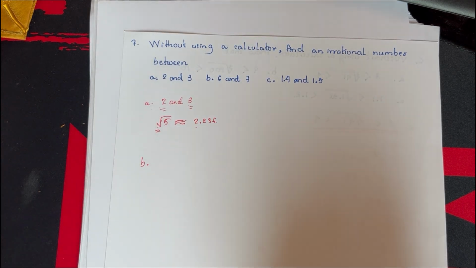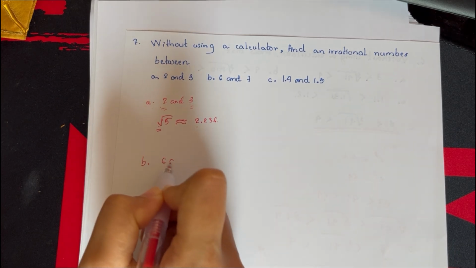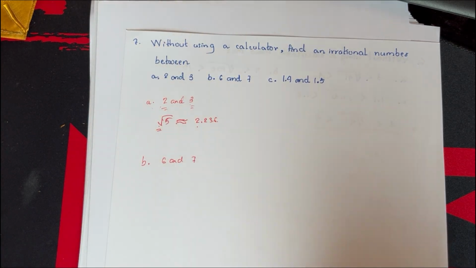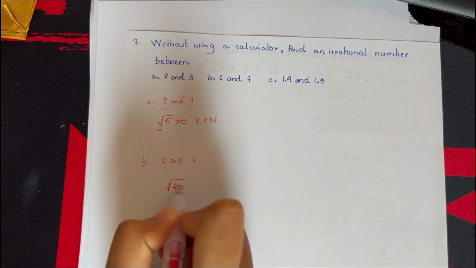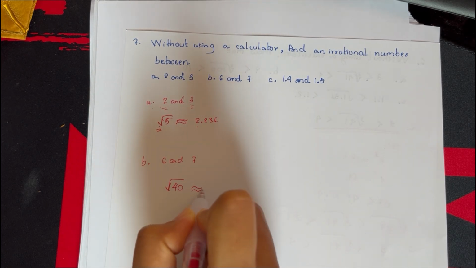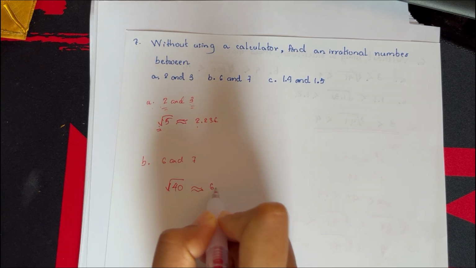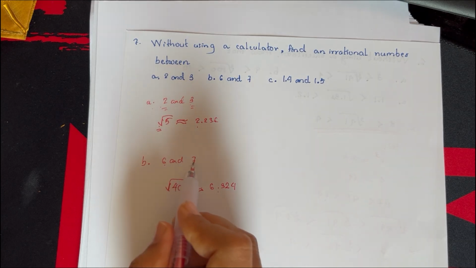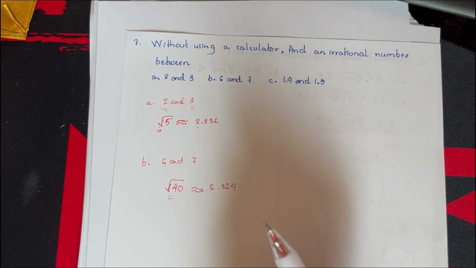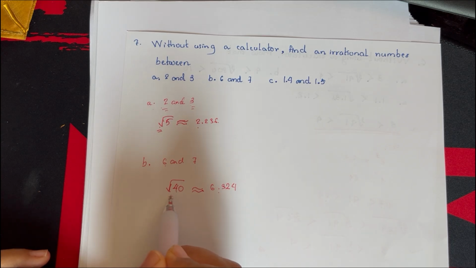B, we have to choose between 6 and 7. For example, root 40. The value of root 40 is 6.324. So it lies between 6 and 7, and this is an irrational number also. So the answer is root 40.